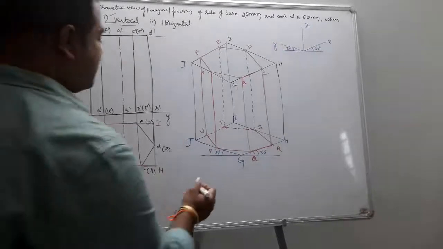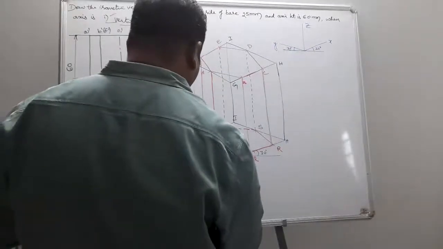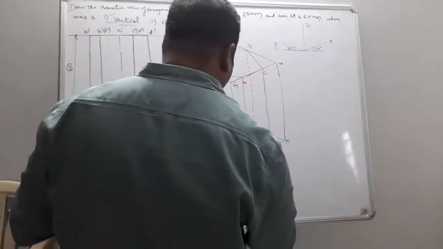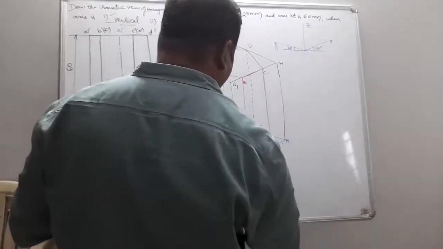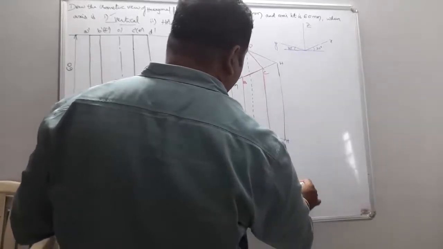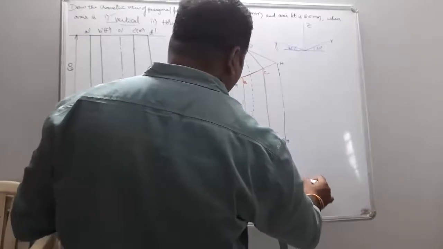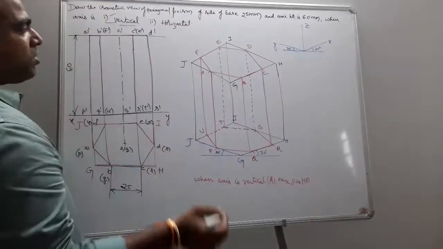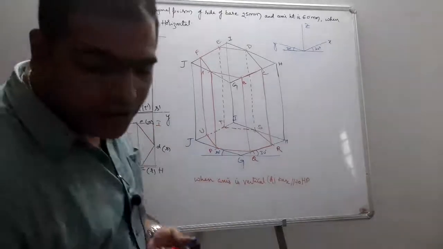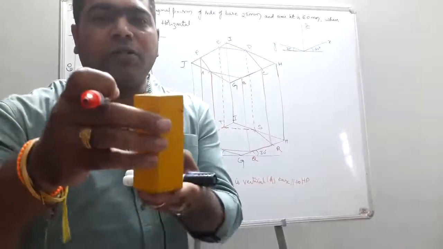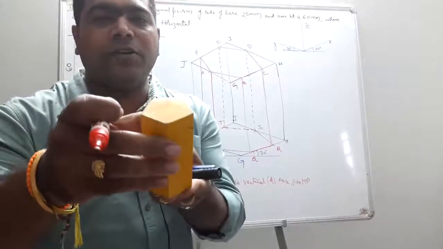Okay, so this is when your axis is vertical or base parallel to HP. So no two solid lines can cross each other. That was the principle. When your solid is lifted 30 degrees, this isometric view is nothing but your solid just lifted for 30 degrees and you are seeing from the front.